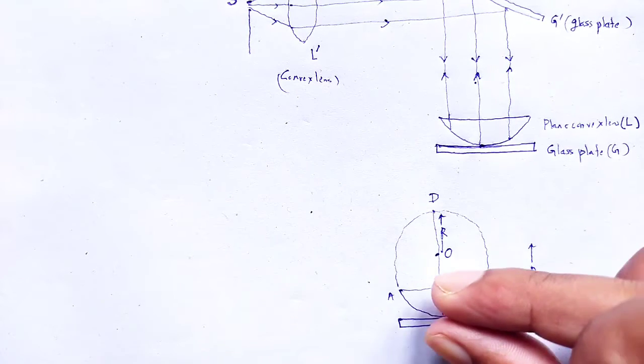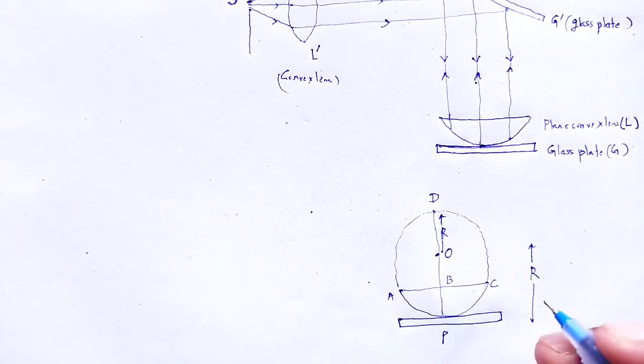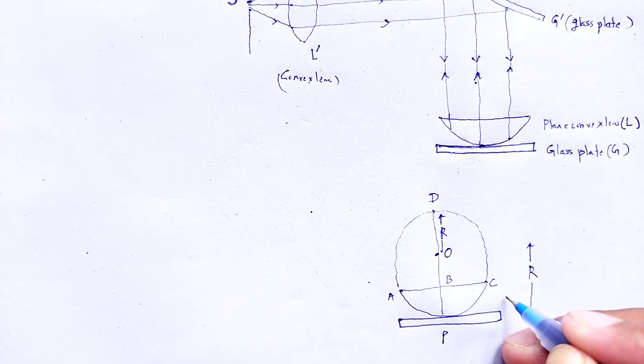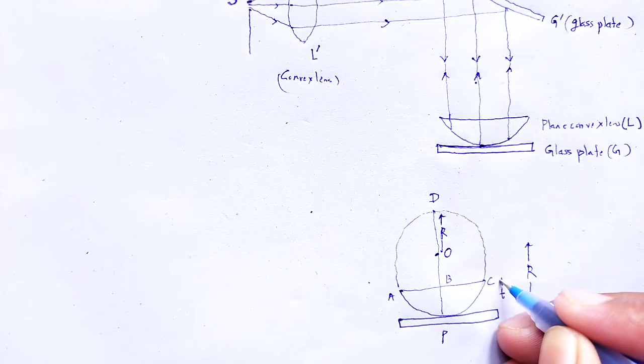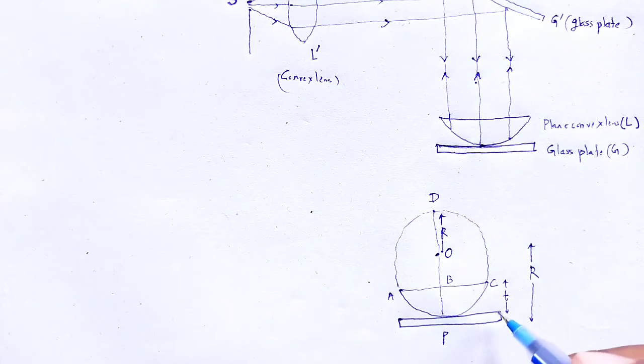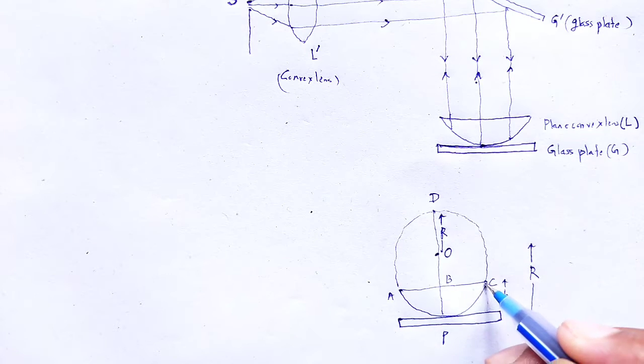And the thickness of the plano-convex lens is T, from here to there.